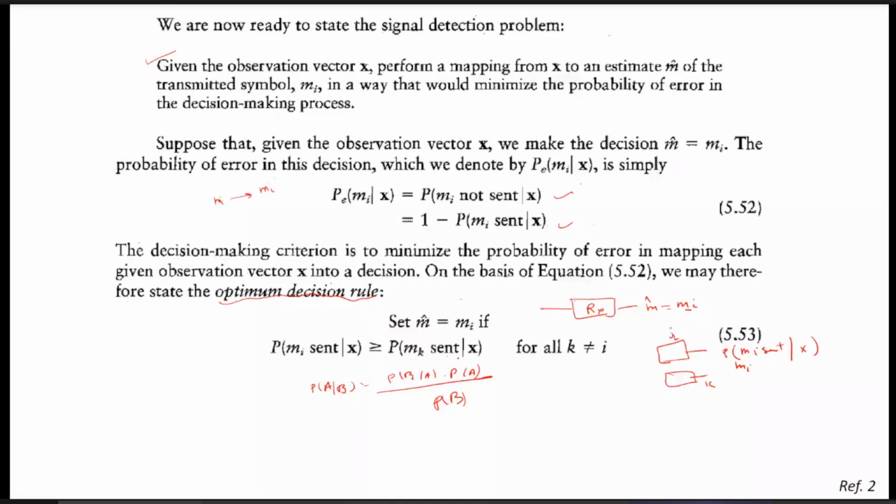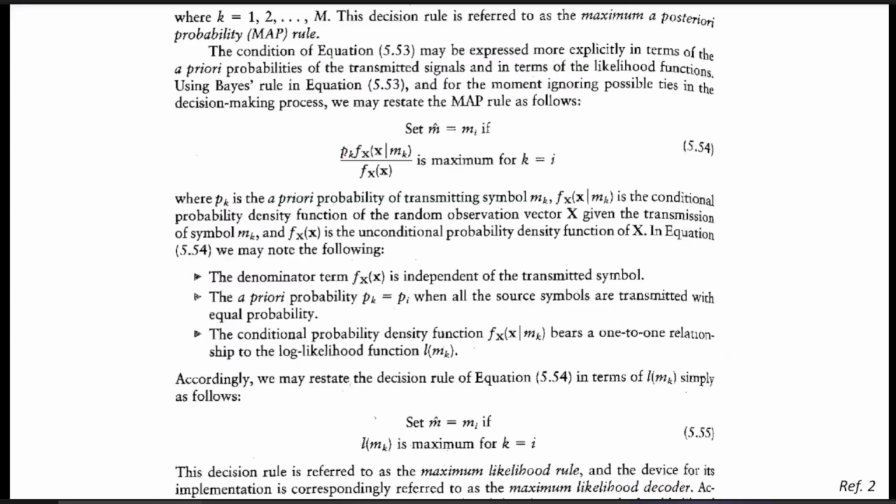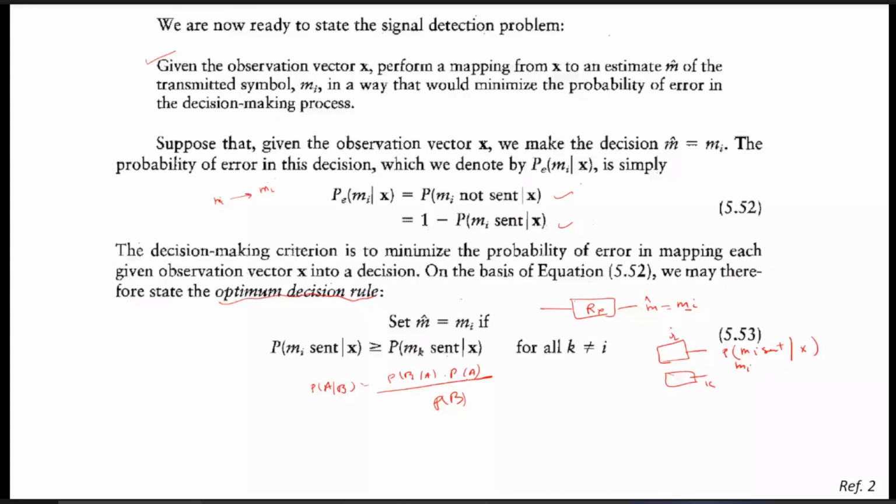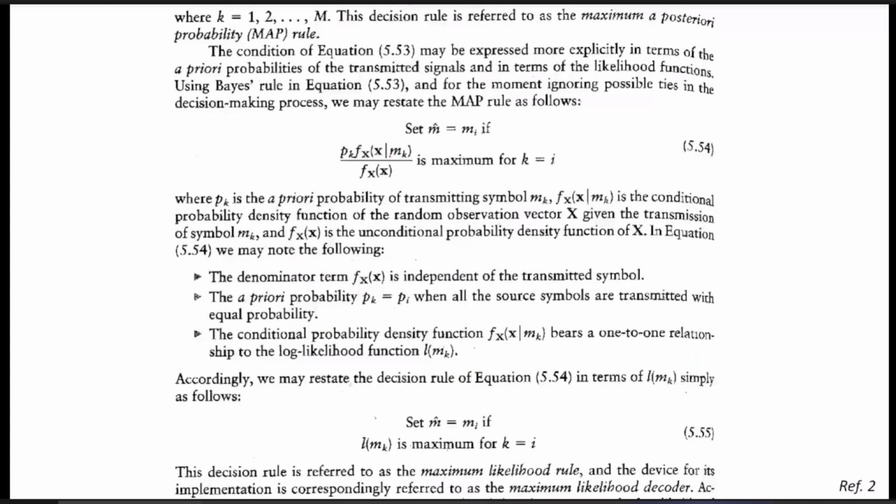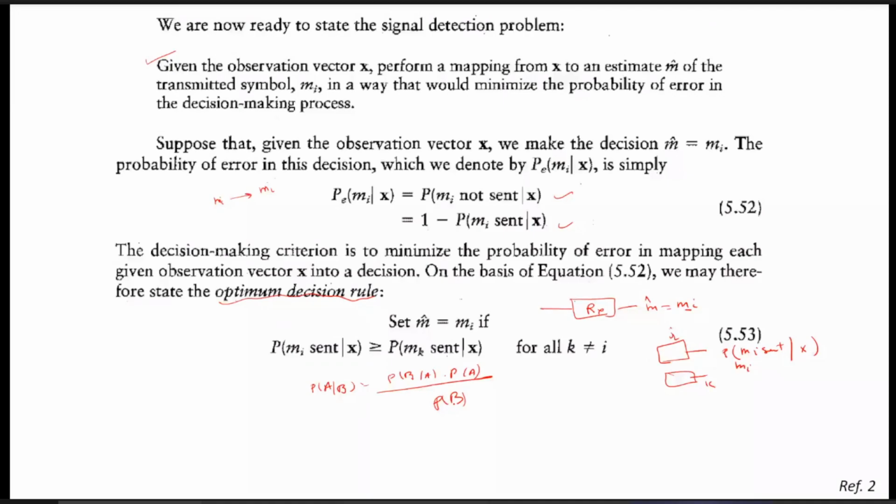The probability of x given mk is directly proportional to the conditional density function, and the probability of mk remains as it is. So pk is the probability that the kth symbol mk has been transmitted, and then the probability of x given mk is proportional to f of x given mk. The probability of x is directly proportional to the density function of x. So this probability should be less than or equal to this.